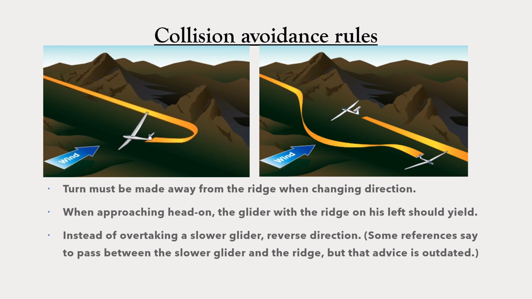When one glider is overtaking another glider, the best approach is for the glider that's doing the overtaking to switch directions and not overtake the other glider. You will find some references out there that say that you should pass the slower glider on the ridge side. But that isn't the current advice. That's old advice.